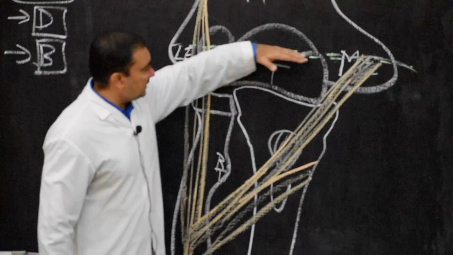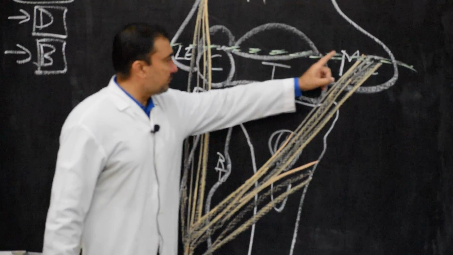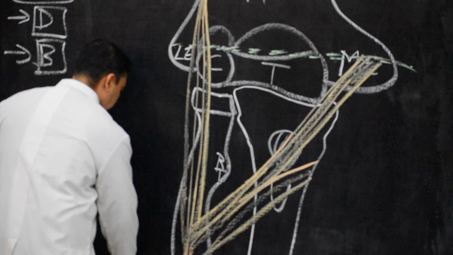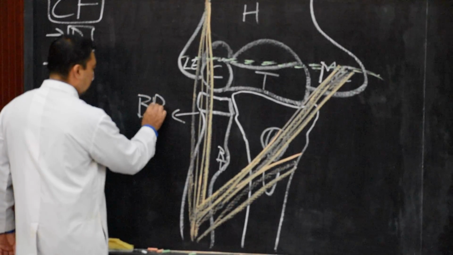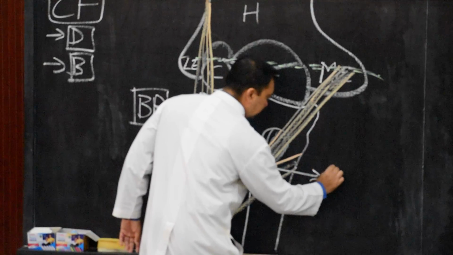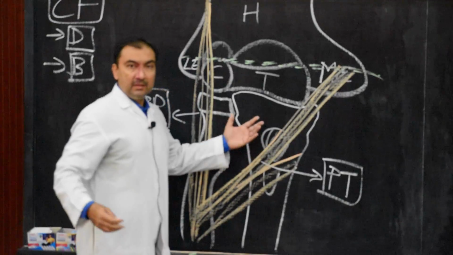And the base of the triangle is formed by an imaginary horizontal line which is joining the lateral and medial epicondyle of humerus. Very simple, not at all complicated. So therefore here we are going to mark this as brachioradialis muscle, and this as pronator teres muscle.